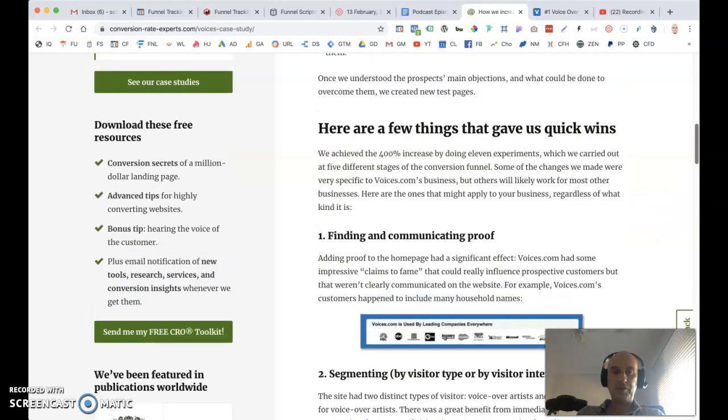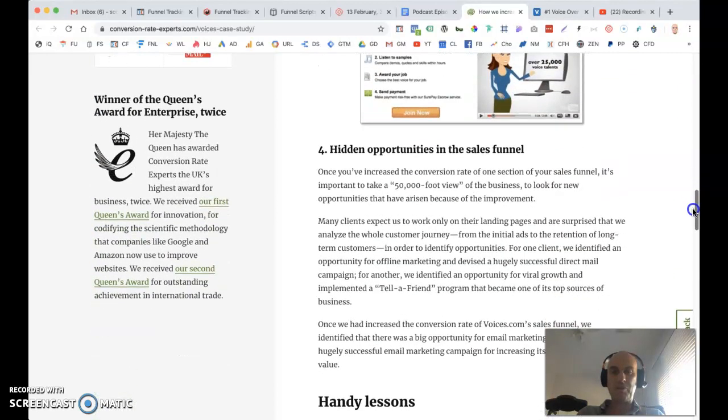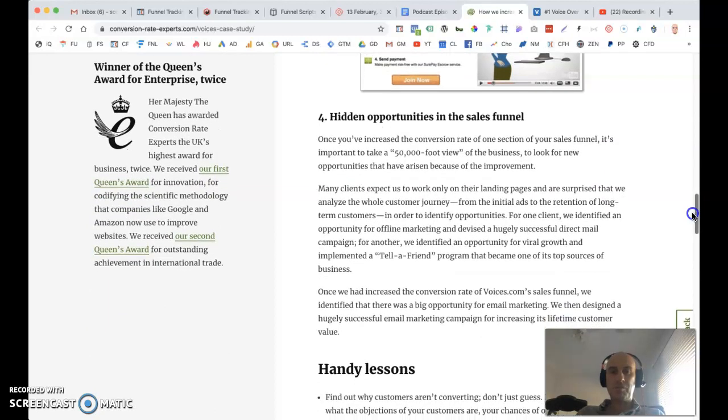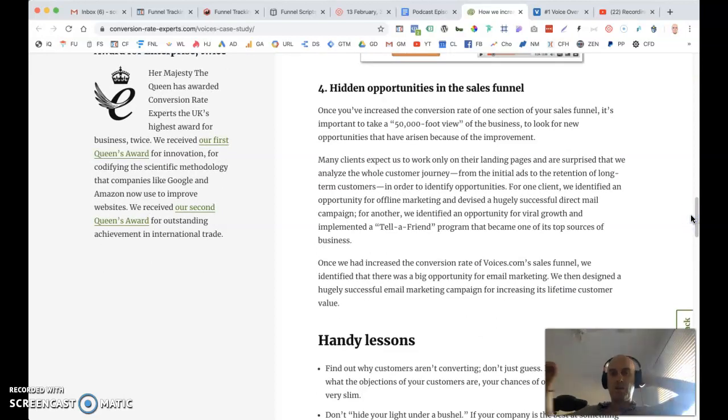The fourth thing that gave them a quick win was they found hidden opportunities in the sales funnel. So they've come up with a very good point here. Once you've increased the conversion rate of one section of your sales funnel, it's important to take a 50,000 foot view of the business to look for new opportunities that have arisen because of the improvement.